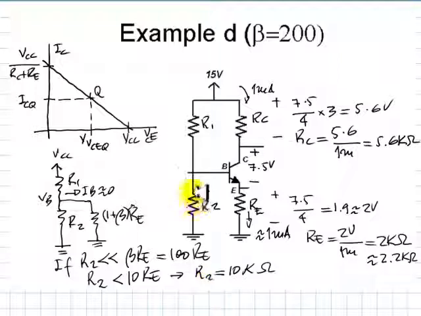But now that I found this one and that one, how do I find R1? Well, another approximation. I know that the voltage here, VE, has been approximated to 2 volts. Actually, right now, 2.2 volts. Well, 2.2 plus 0.7 volts here in linear mode of operation give me the voltage at the base, the voltage here.